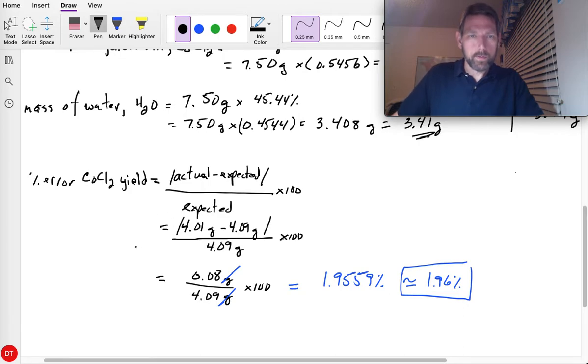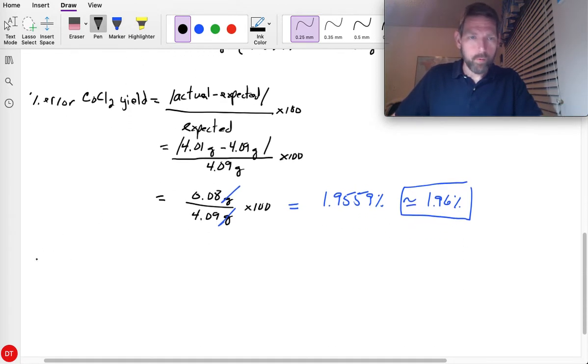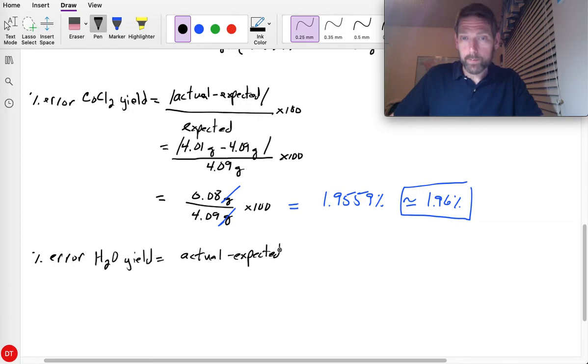All right, so now one more bit. Percent error of water yield, again, is actual minus expected over expected.